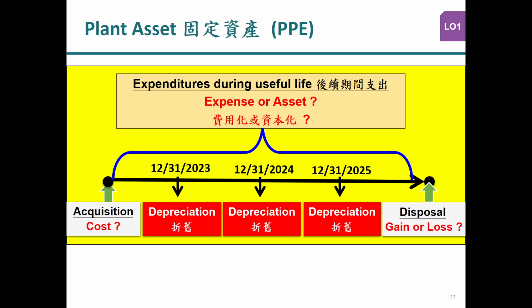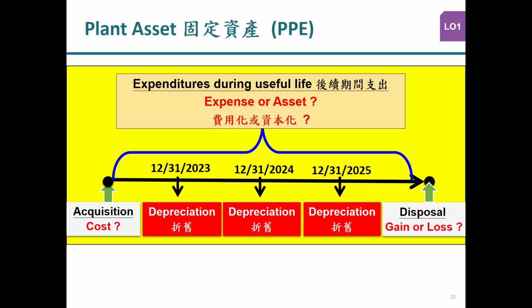Maybe every year I need to repair my car, buy some stuff to replace my parts, like wheels, 零件. So for the following expenditures, we have how to recognize them.